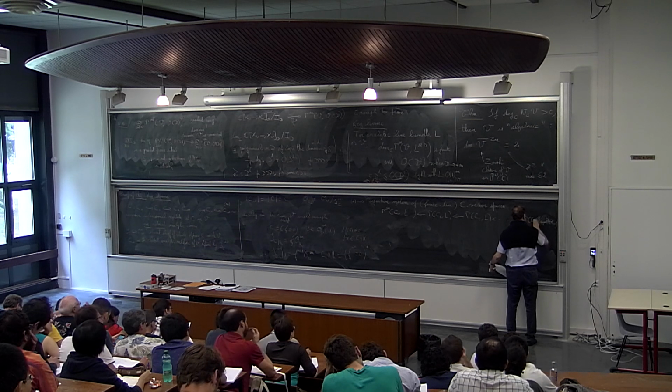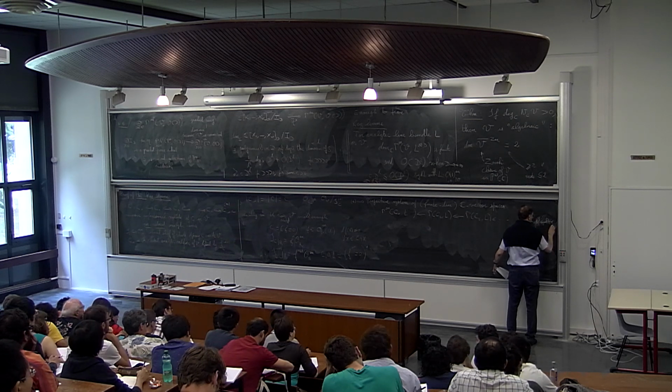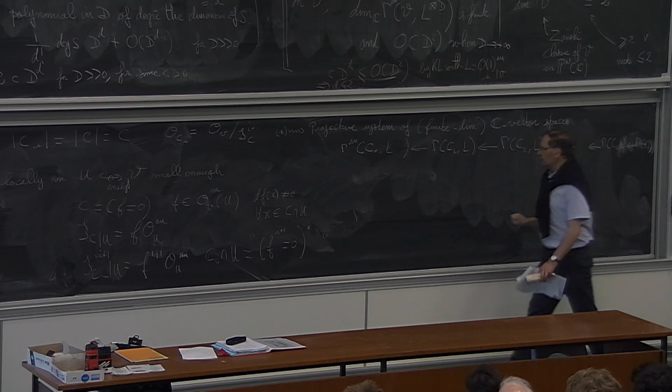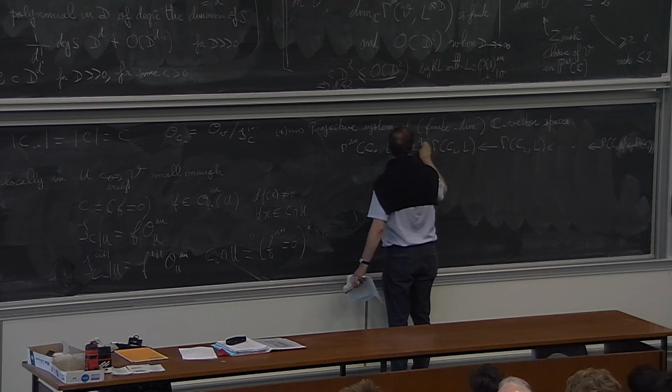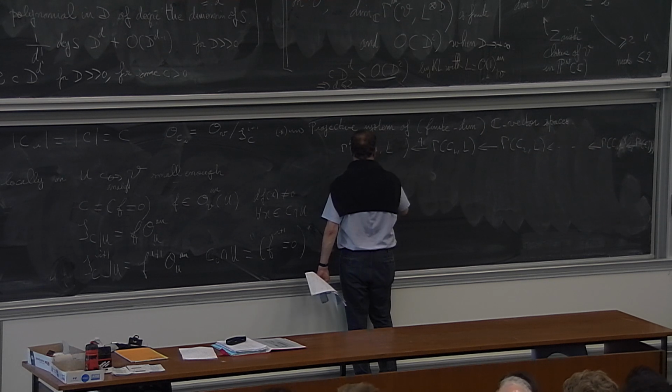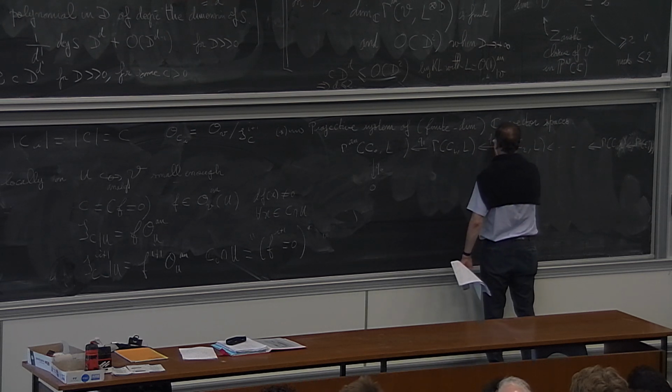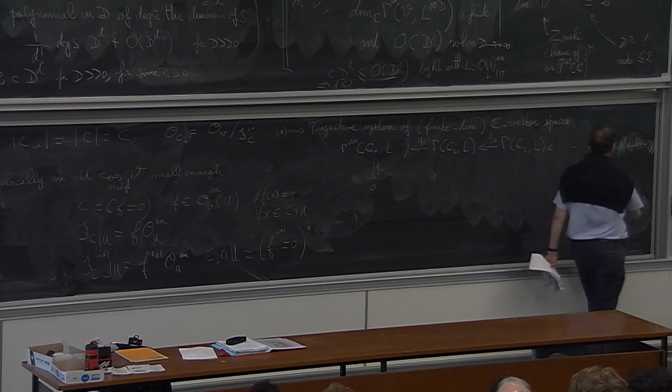Let's write i minus 1 on i. So let me denote this map Q1. Maybe I can write Q0 to 0. This is Q2. And this is Qi.